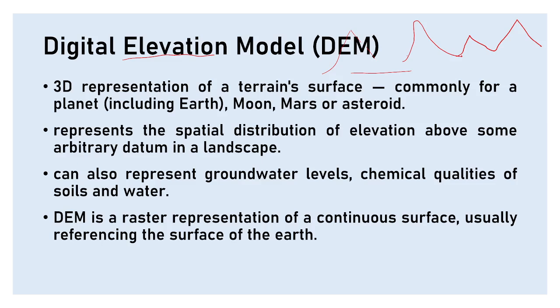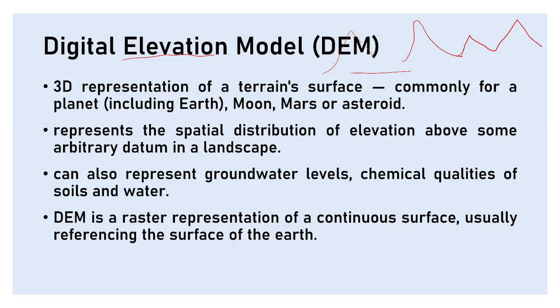Another thing you have to keep in mind is, although the digital elevation model is predominantly used to understand the elevation differences in terrain, it can also be used to represent groundwater levels and the chemical qualities of soils and water. The purpose of DEM has been expanded in such a way that it can be used in such situations.